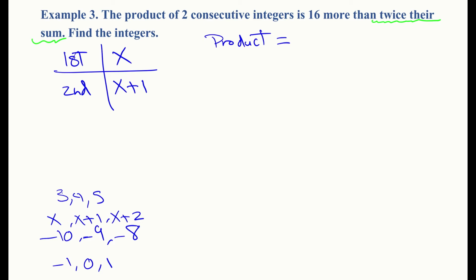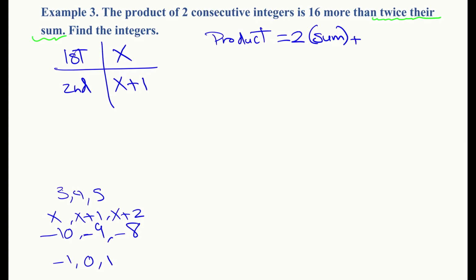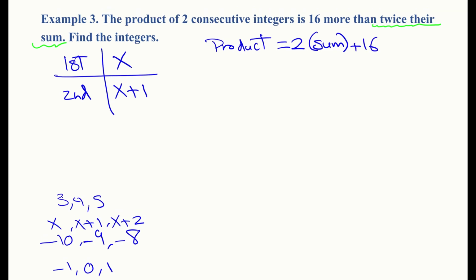So what you're going to do is write whatever comes after more than or less than first. So twice their sum, I'm just going to put that like this. 2 times their sum, right? That's twice their sum. Now, this product is what? Is 16 more than this, right? That means add 16, like that.